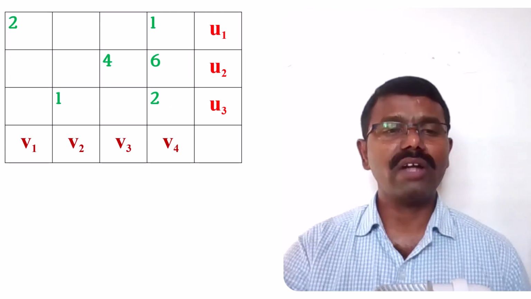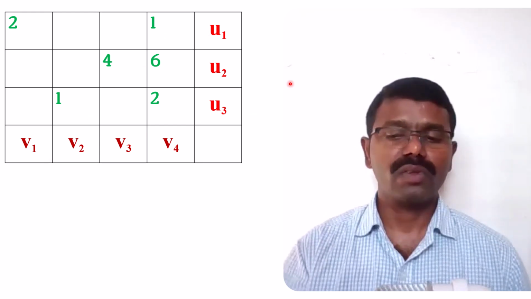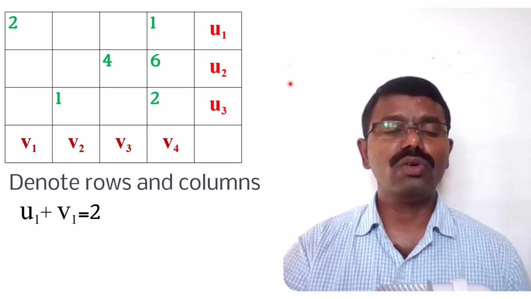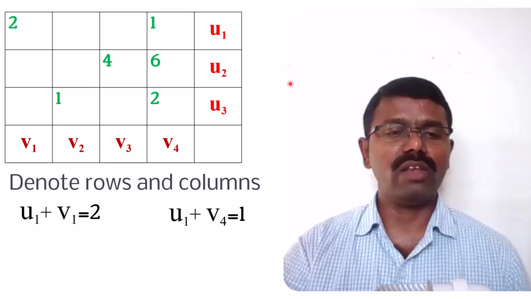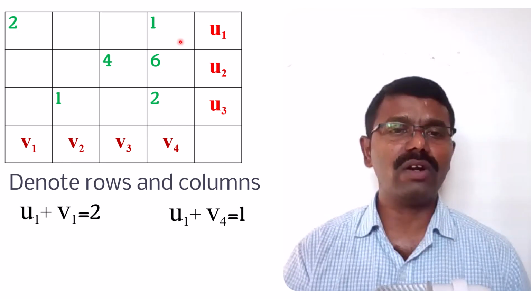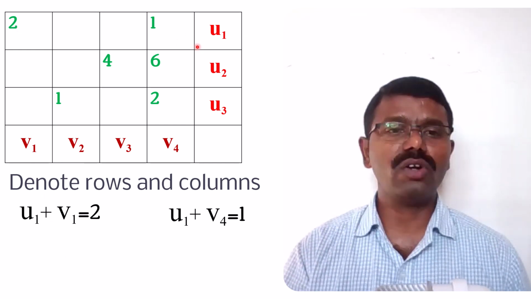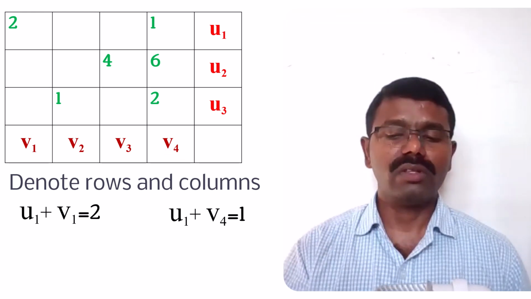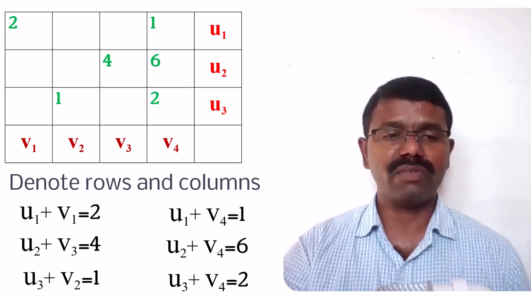Consider 2 equal to U1 plus V1, and 1 equal to U1 plus V4. Because there are 6 allocations, you will get 6 equations.